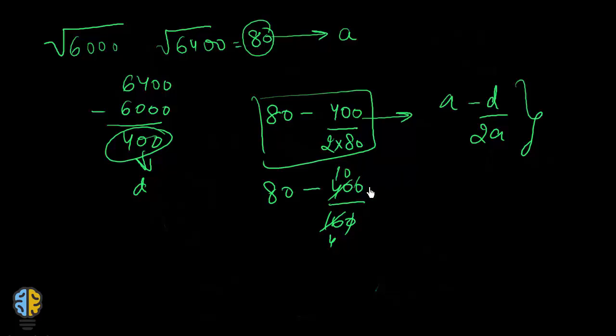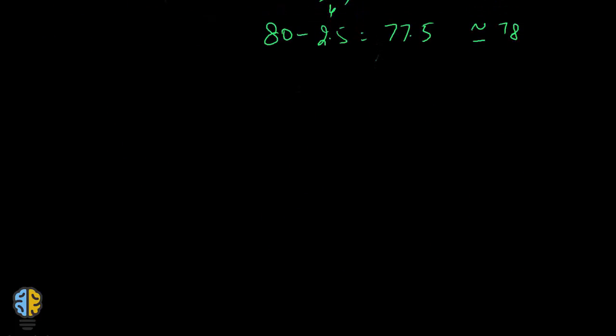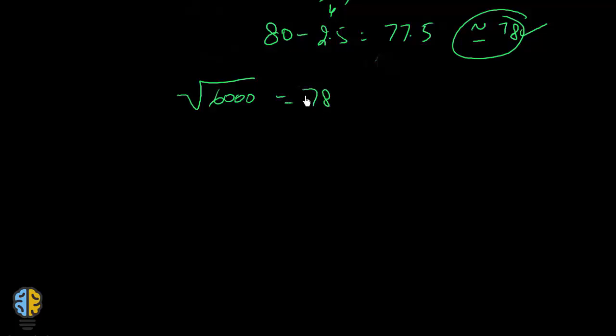So 80 minus 10 by 4, which is 2.5, is equal to 77.5, or let's say it's approximately 78. So this example gives us the solution that the square root of 6000, which is not a perfect square, is equal to 78. Now let's understand this by another example.